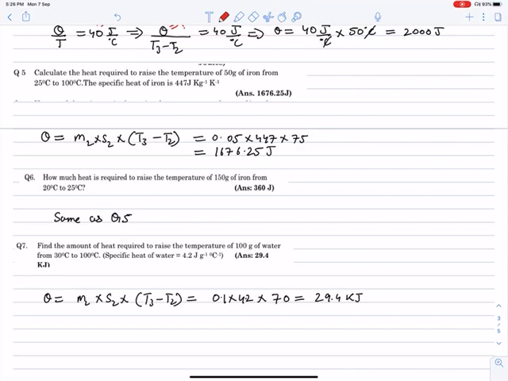Remember, it is given in joule per gram, so the answer will be in kilojoules, because the specific heat of water is 4.2 into 10 raised to power 3, and that 10 raised to power 3 is missing. So 4.2 into T3 minus T2, which is 100 minus 30, that is 70, and you will get 29.4 kilojoules. So the answer is in kilojoules.